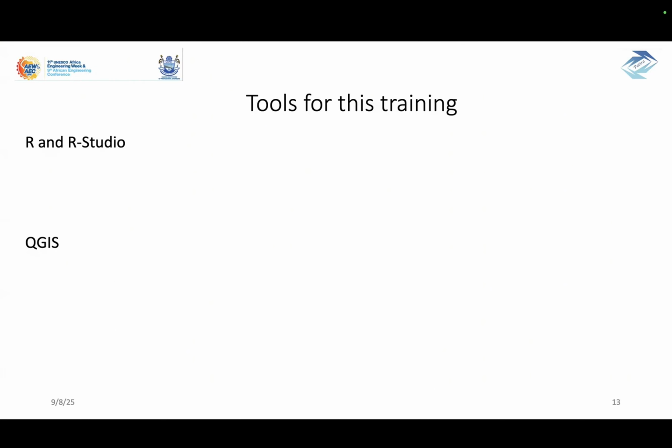What I would like is that even after this training, you can be able to use these tools because they're very, very powerful. We have tools out there, but you have to buy them. So especially when I'm working in developing countries, I try to bring tools that are free so that we can work with them. Okay.